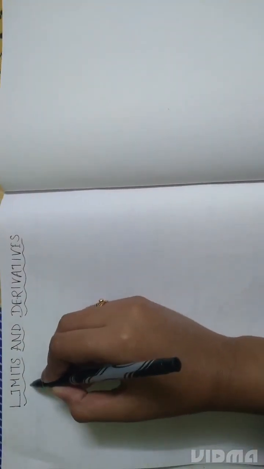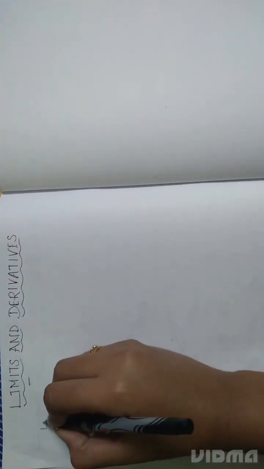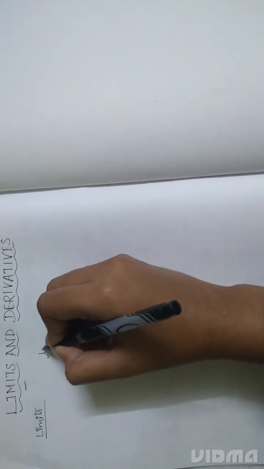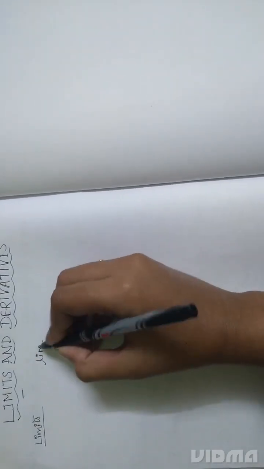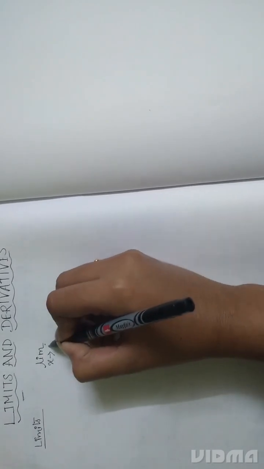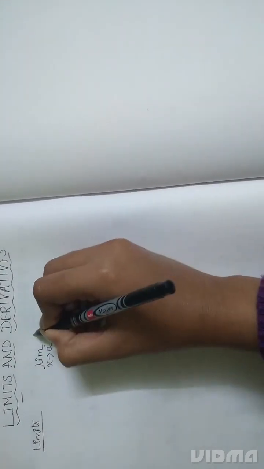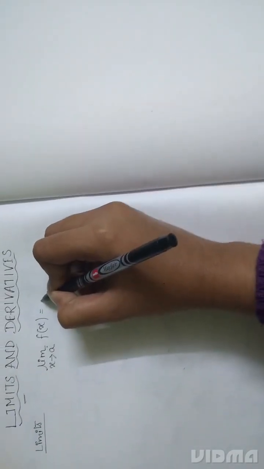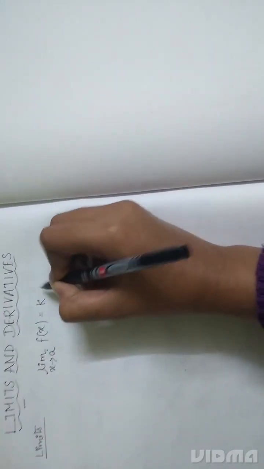First, let us know how we can write limits. It is written as limit x tends to a, f of x is equals to, let's say it is k.